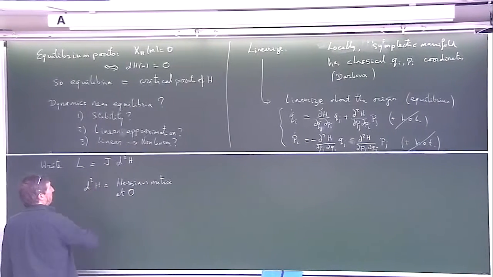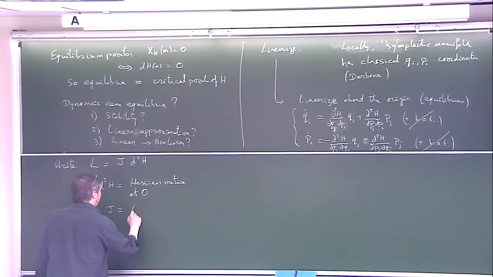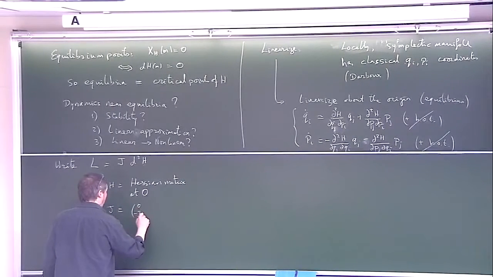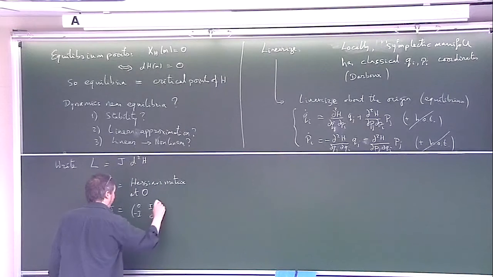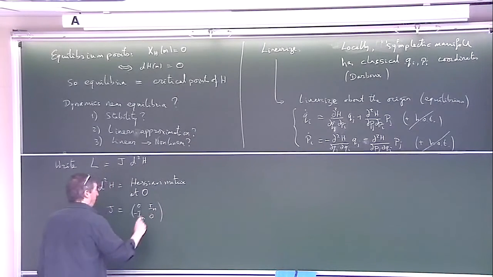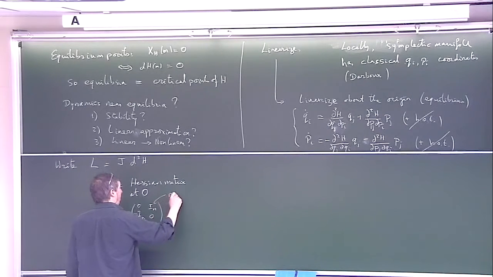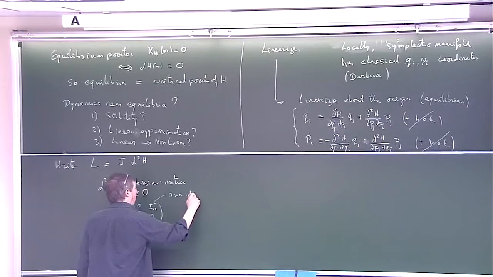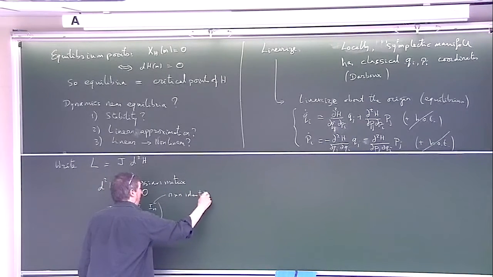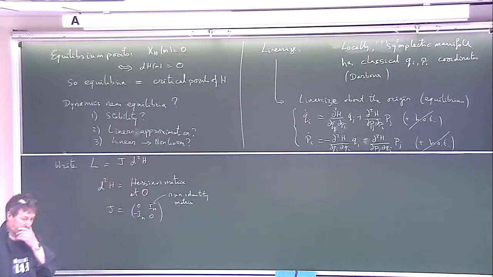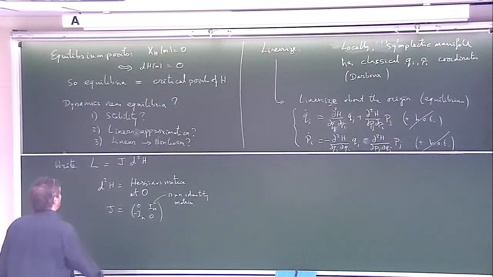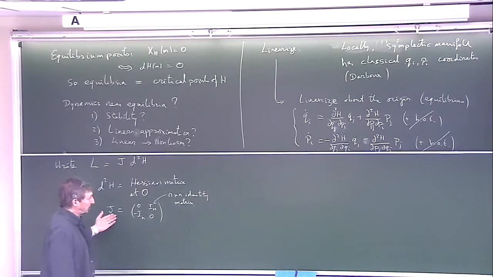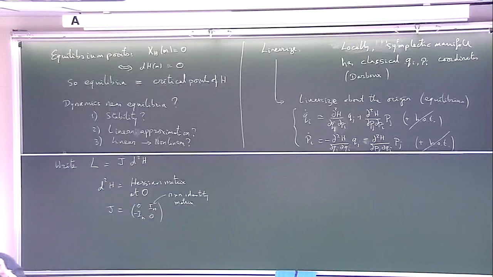So this is just a matrix of second derivatives, and J is essentially the matrix for the symplectic structure.